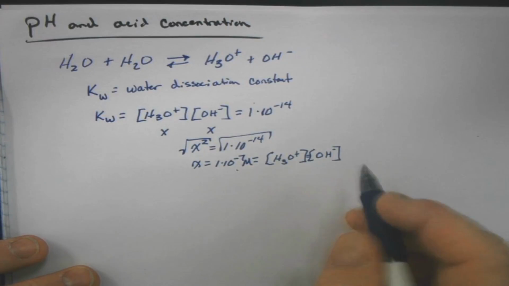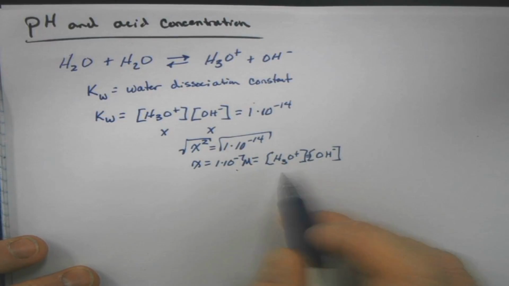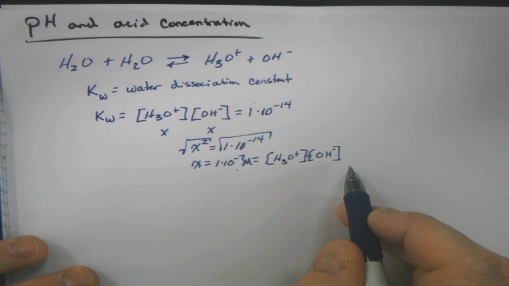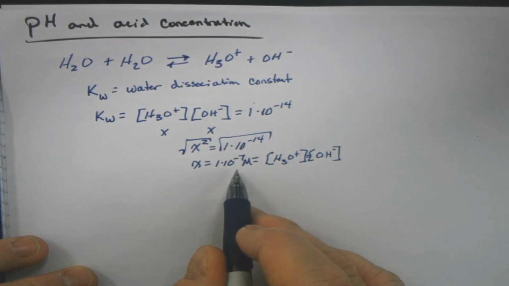But when it dissociates, it dissociates equally into acid and base. And so by definition, water is neutral because it has equal parts acid and base. And that's the concentration of the acid and the concentration of the base that it has in the water. Yeah? Okay.